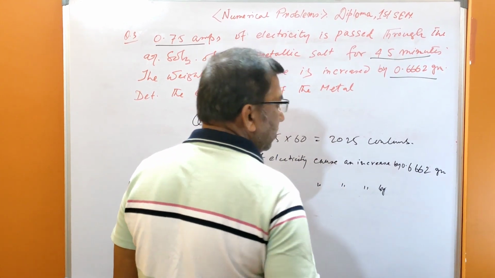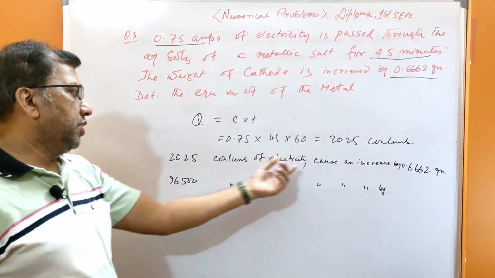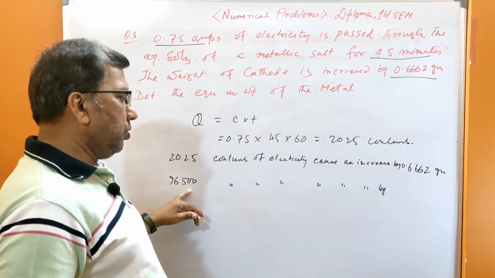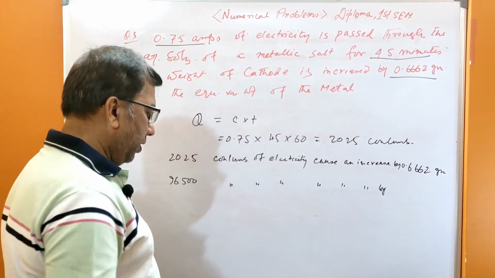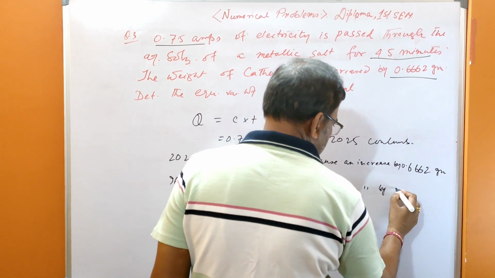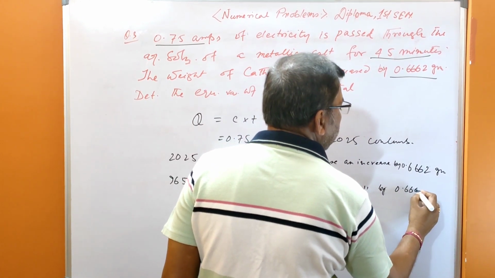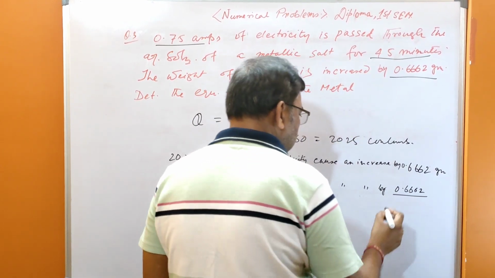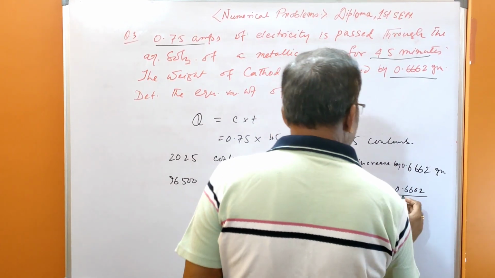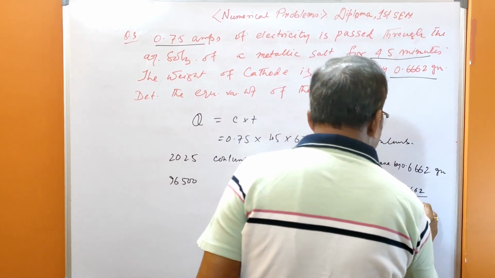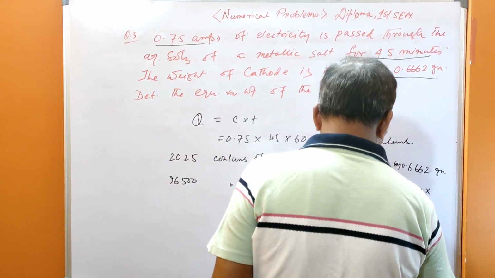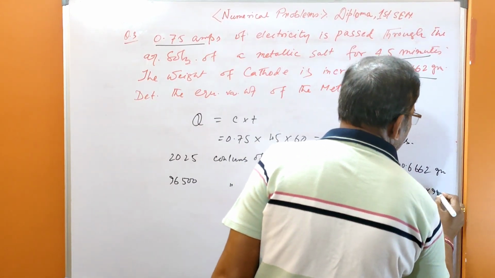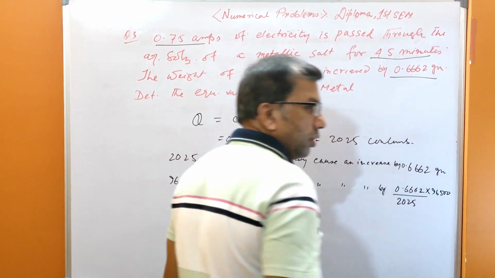So this equals 0.662 by 2025 into 96,500.